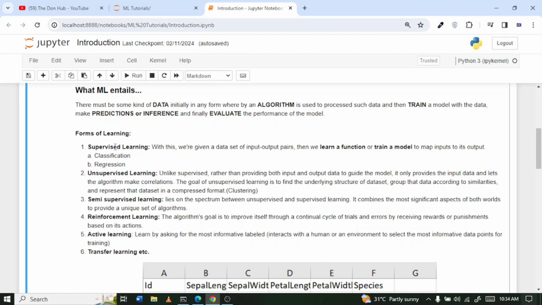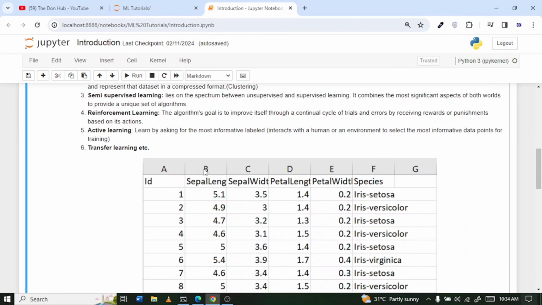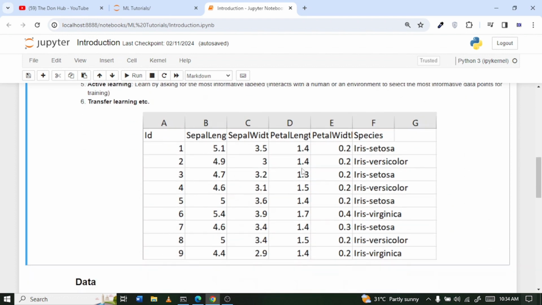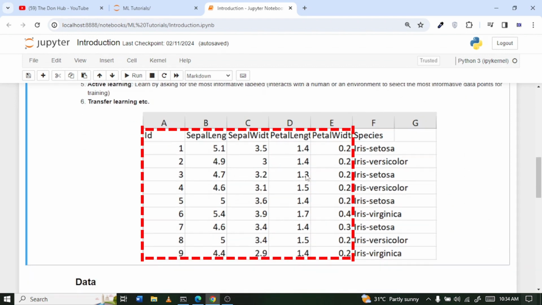So here with supervised learning, as I said, you feed the model with both the input and output, okay? So you give it the features and the labels. And unsupervised learning is basically the opposite of that, right? With unsupervised learning, you just give it the input. So from columns B, C, D, E, you don't give it F, right? What it does is it takes this and tries to find the features the inputs share in common.